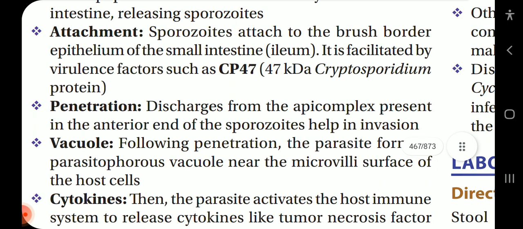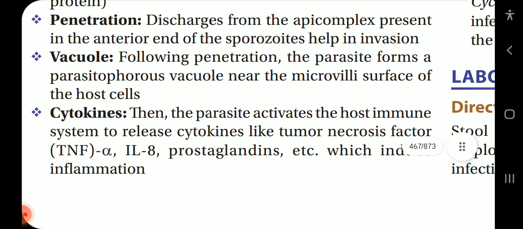Attachment: sporozoites attach to the brush border epithelium of the small intestine, ileum. It is facilitated by virulence factors such as CP47, 47 kilodalton Cryptosporidium protein. Penetration: discharges from the apical complex present in the anterior end of the sporozoites help in invasion. Vacuole: following penetration, the parasite forms a parasitophorous vacuole near the microvilli surface of the host cells.